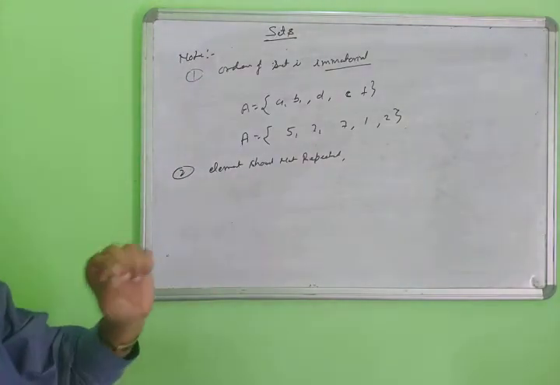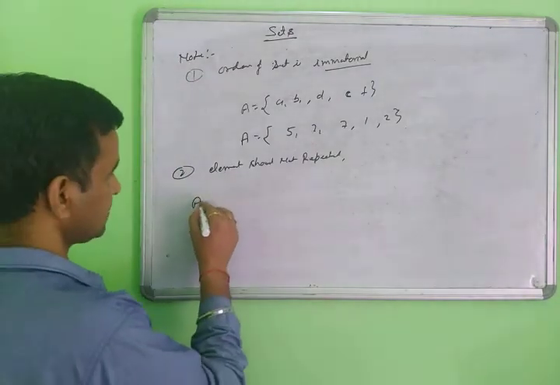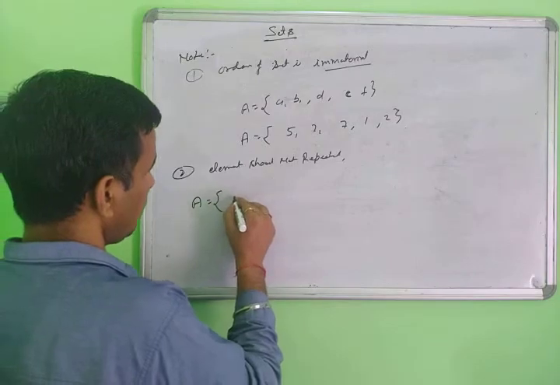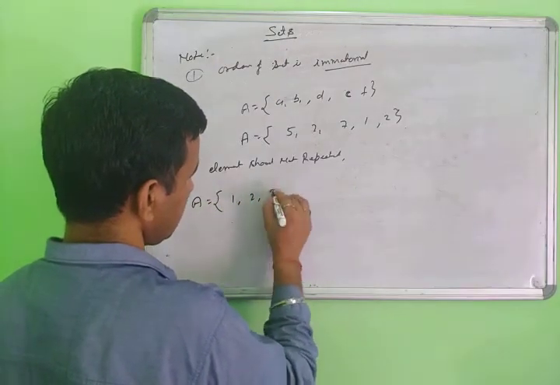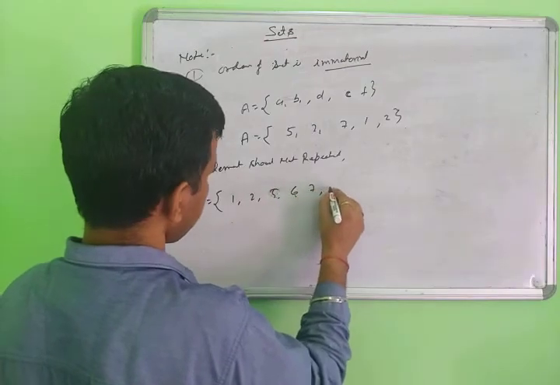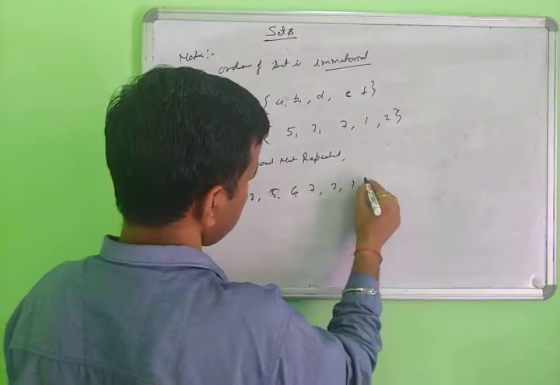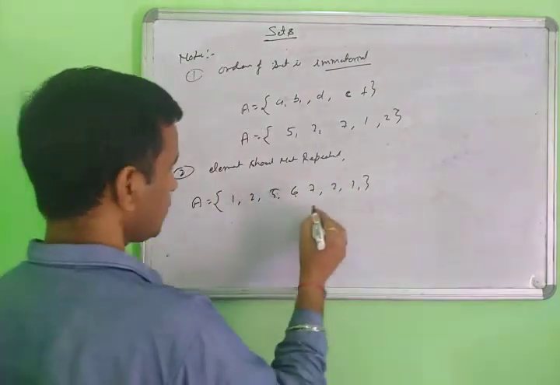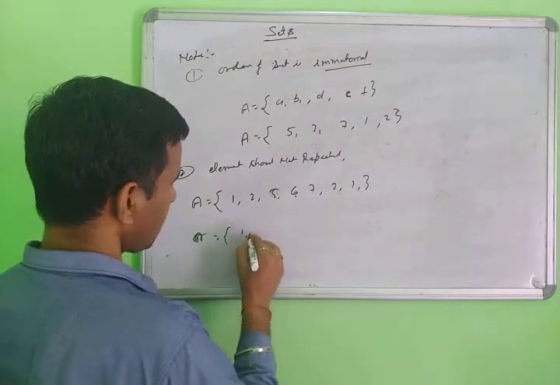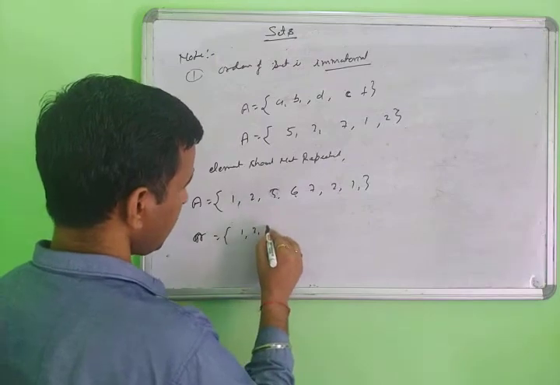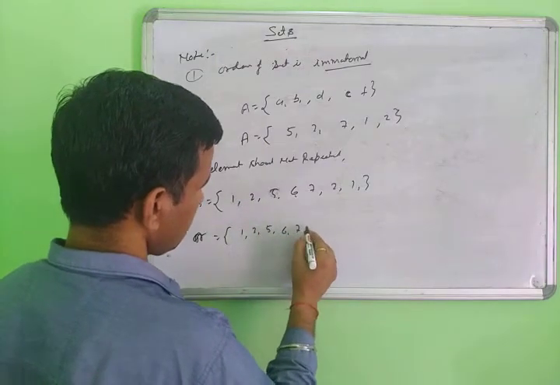Any element we will not repeat. Suppose you are writing set A as 1, 2, 5, 6, 7, again 2, again 1. This is not required. You can write it as 1, 2, 5, 6, 7.